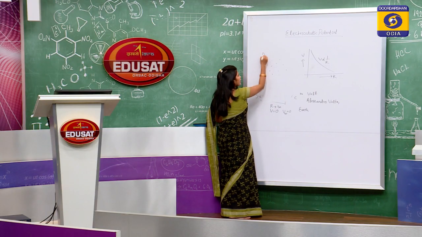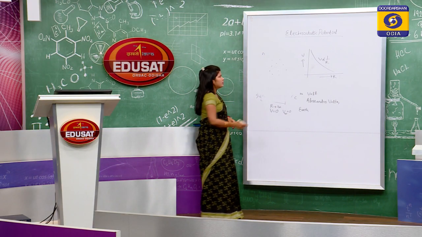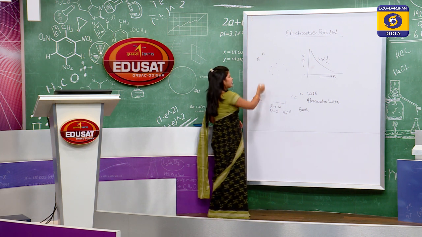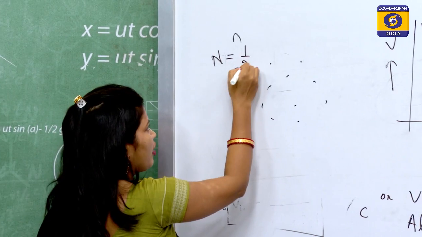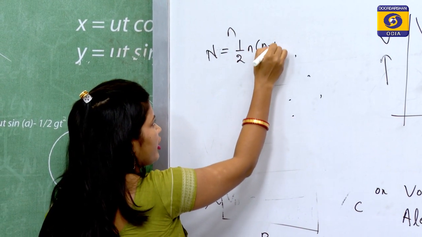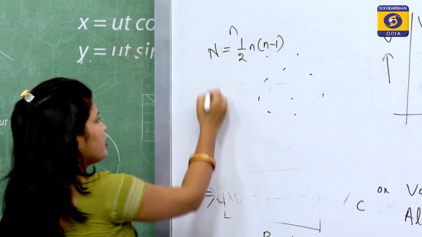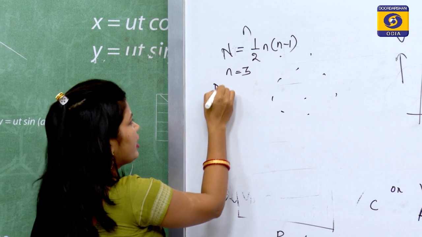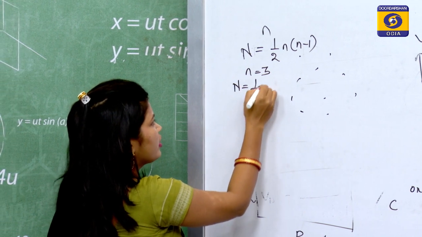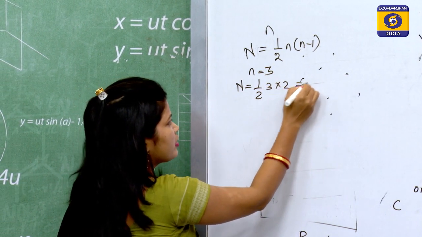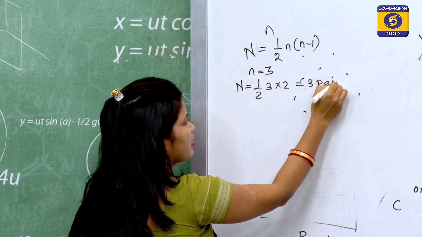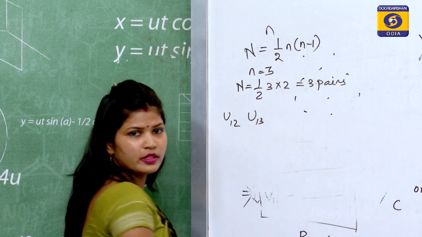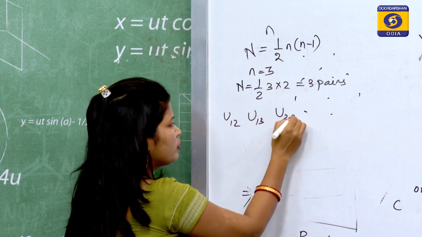Suppose you have an n particle system and there are capital N number of pairs, then capital N is equal to half n whole into n minus 1. Suppose n is equal to 3, that means you have a 3 particle system, then capital N is equal to half 3 into 2, that means 3 pairs, that is U12, U13 and U23.